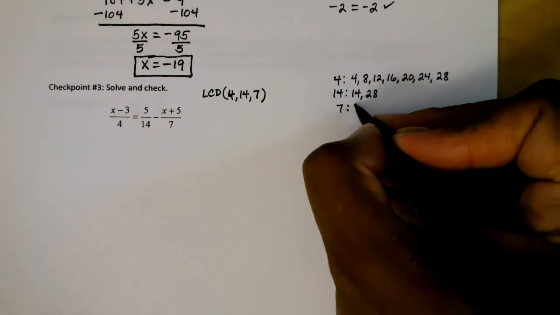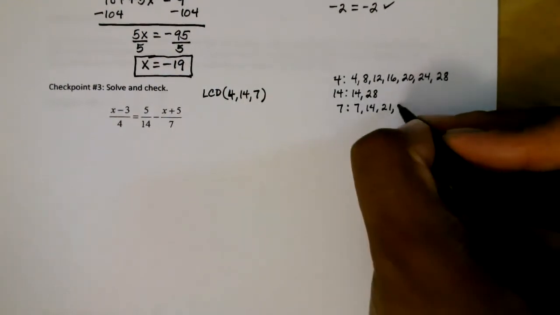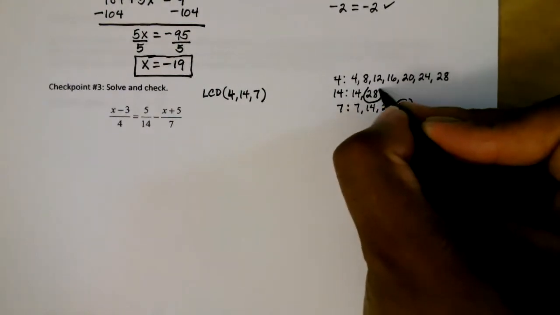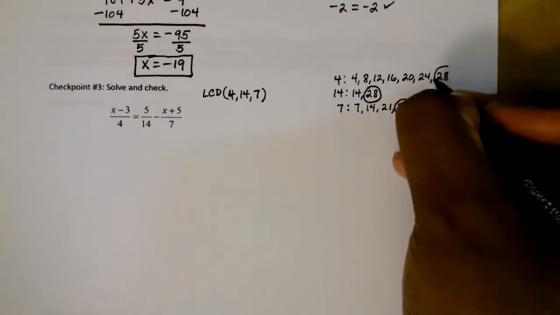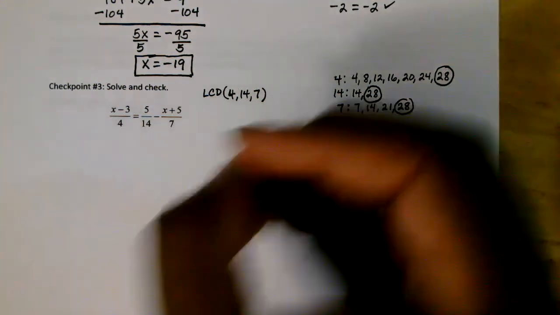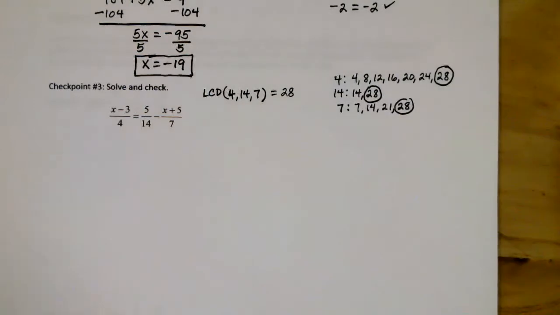And of course, for 7, this will be 7, 14, 21, 28. Notice that 28 is the smallest multiple common to 4, 14, and 7. That's the first smallest multiple that we come across. So the least common multiple, or the least common denominator, will be 28.